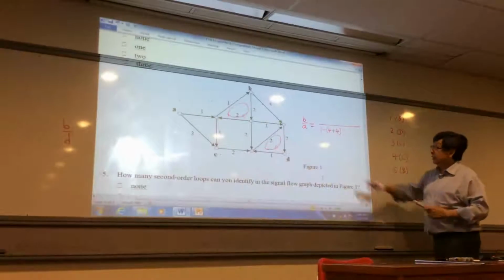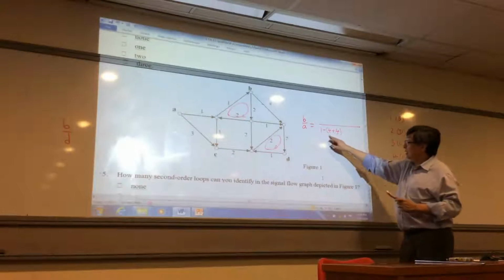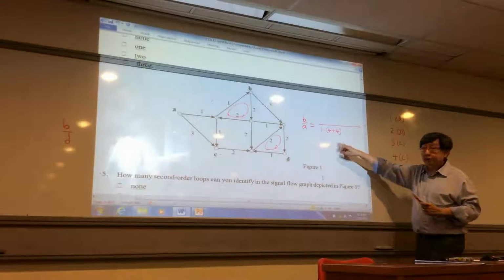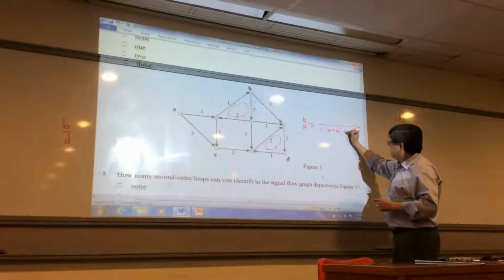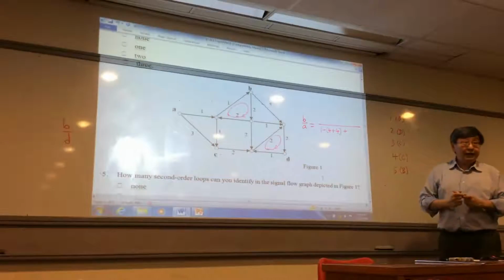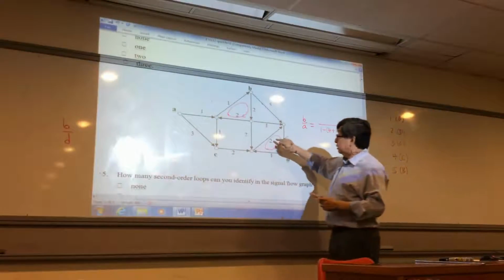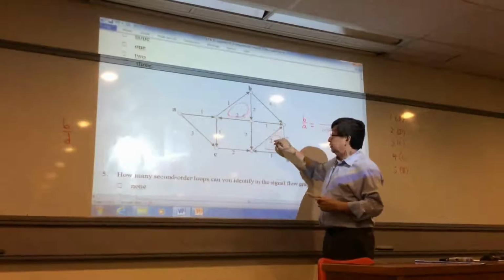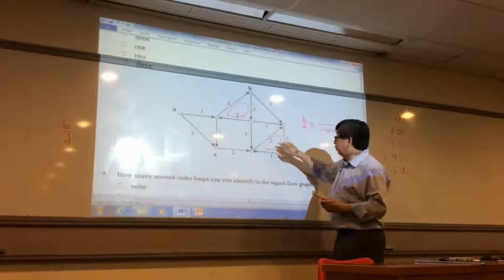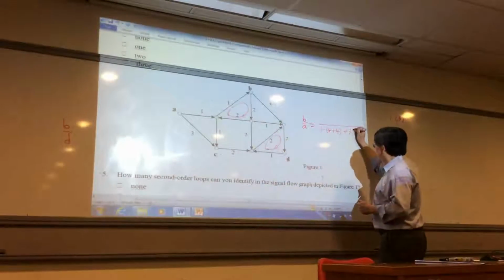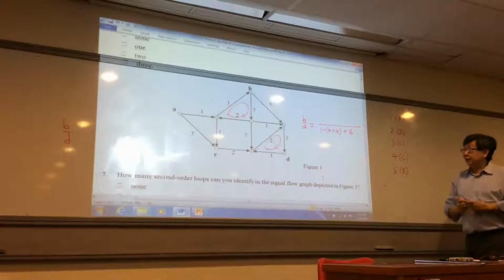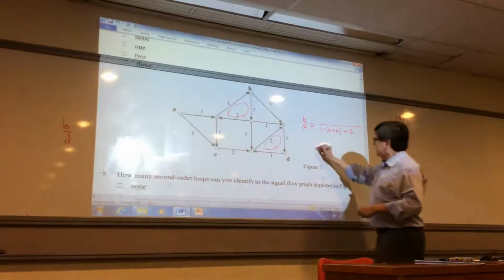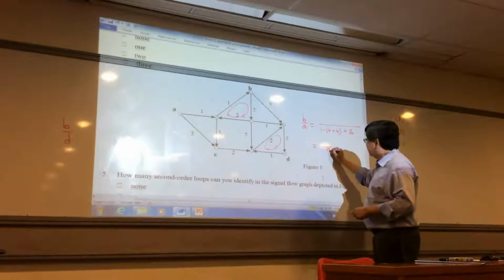So this is 1 minus the sum of all first order loops, then add the sum of all second order loops. There's only one second order loop, which is the multiplication of these two, 4 times 4, so it's 16. So the denominator is 9.